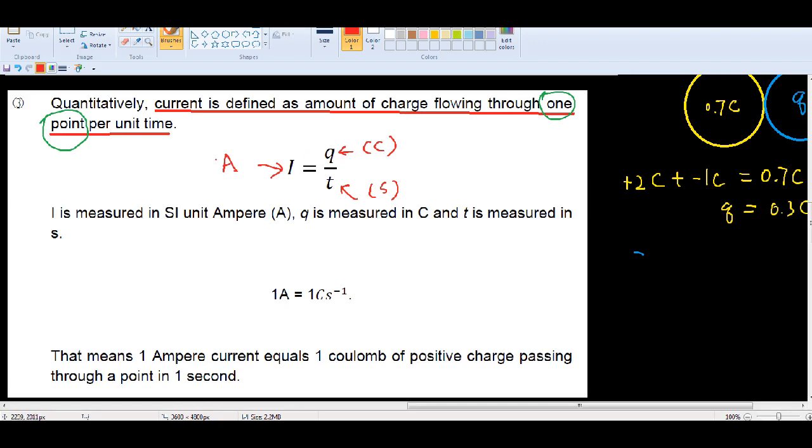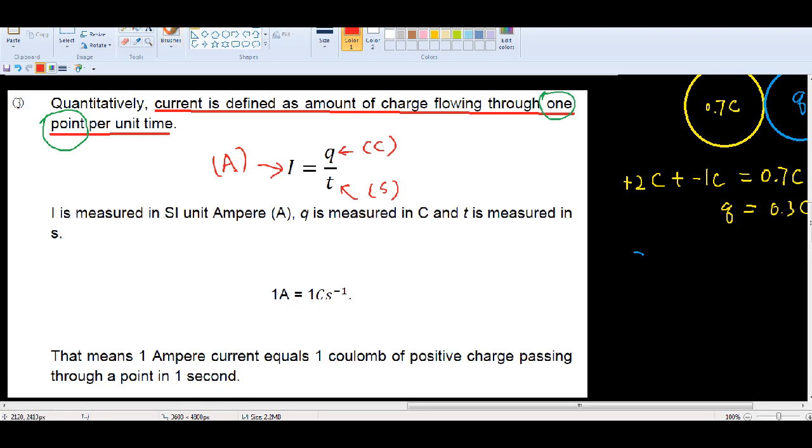If you haven't, you need to know it now. So 1 ampere equals 1 coulomb per second, because when you consider Q is one coulomb and T is 1 second, 1 coulomb over 1 second will be 1 ampere. So that's the way we define 1 ampere.